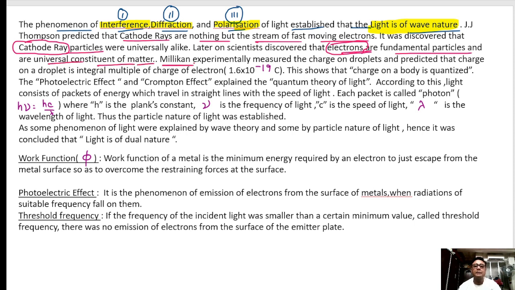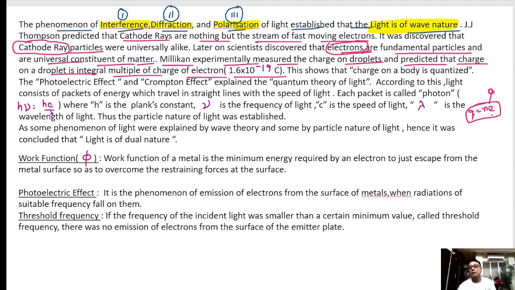Millikan experimentally measured the charge on droplets and showed that the charge on an oil drop is an integral multiple of the charge of an electron.